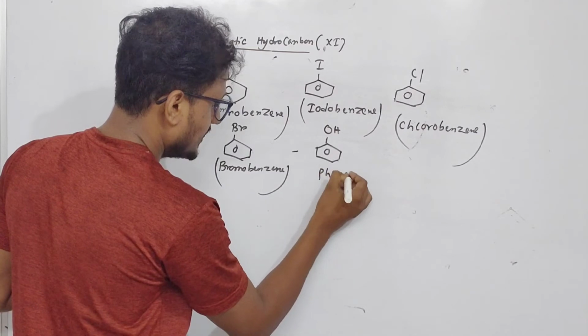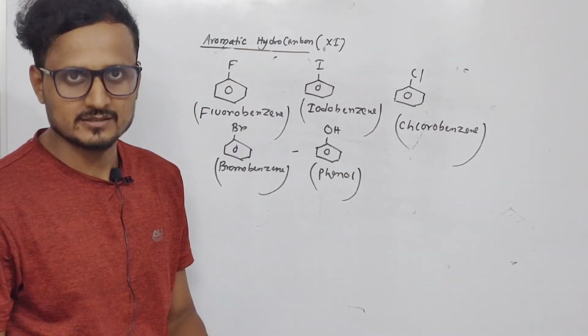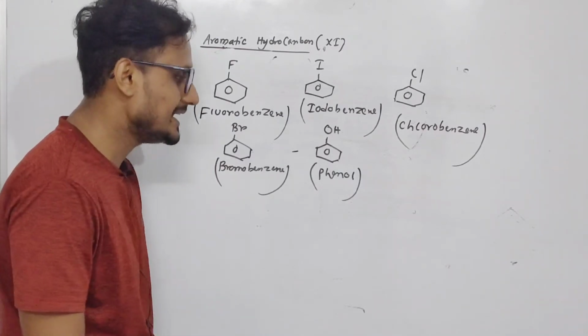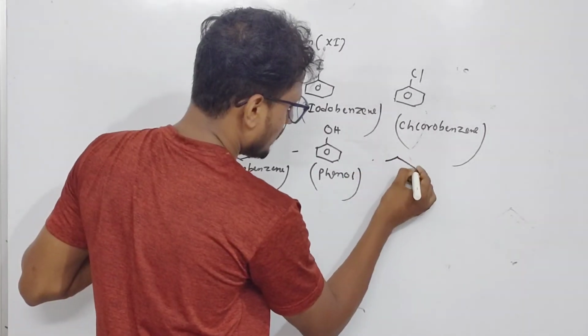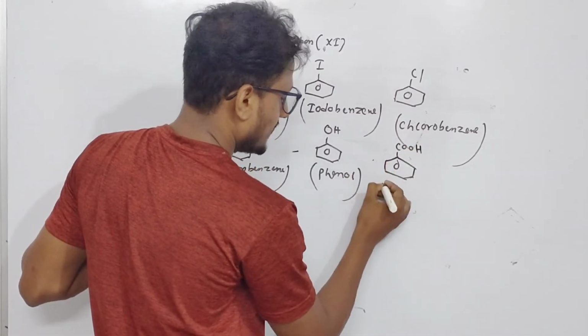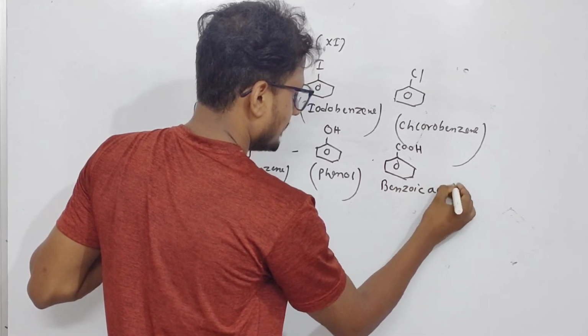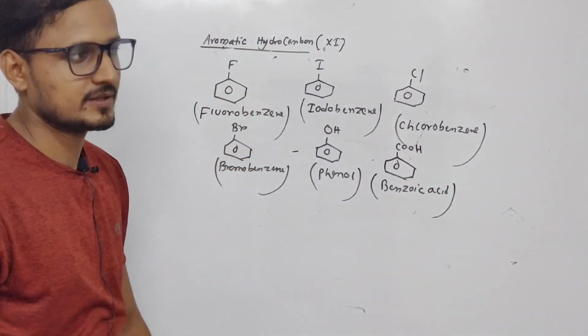This is called phenol. When an OH group is on the benzene, it is called phenol. Very important compound. If a COOH group is there, it will be called benzoic acid. Benzene with acid, benzoic acid. Okay.